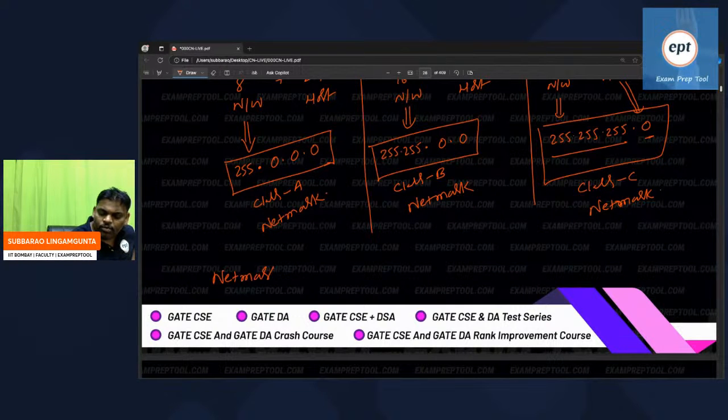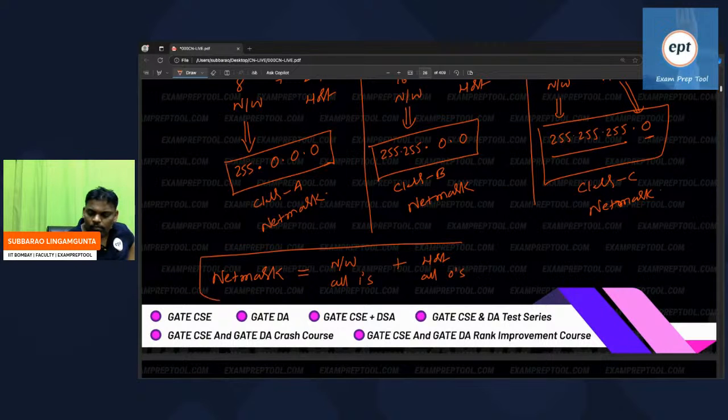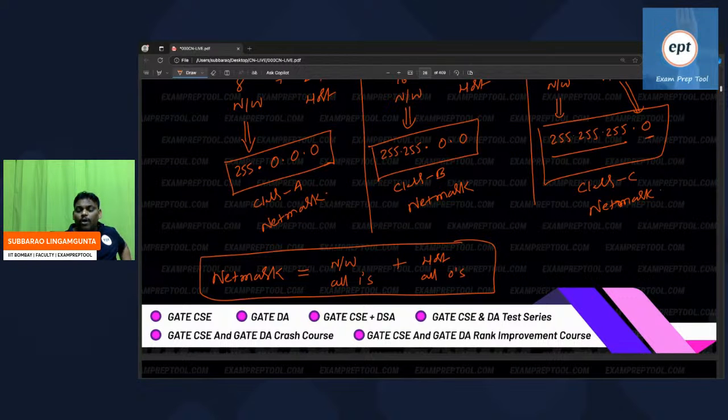Net mask is equal to network part all ones plus host part all zeros. That's it.